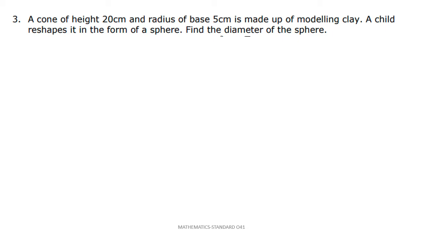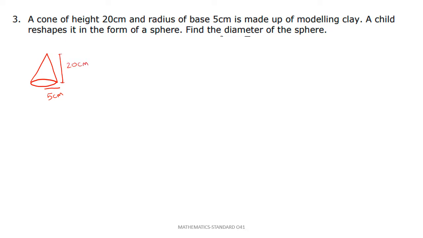Now question number 3, children. This is very easy. This comes under the reshaping chapter. A cone of height 20 centimeter and radius of base 5 centimeter is made up of modeling clay. So here we have a cone with a radius of 5 centimeter and a height of 20 centimeter.